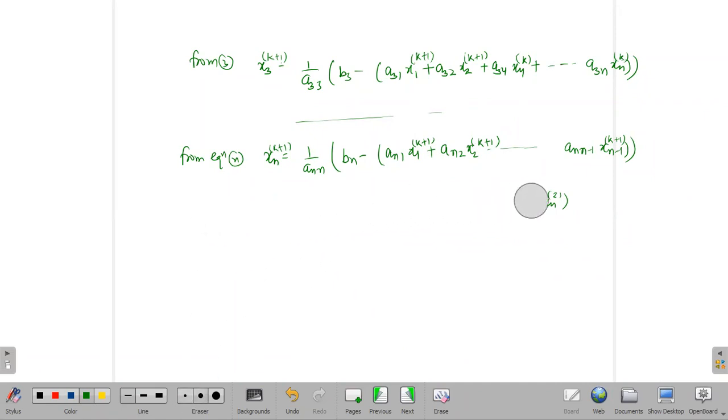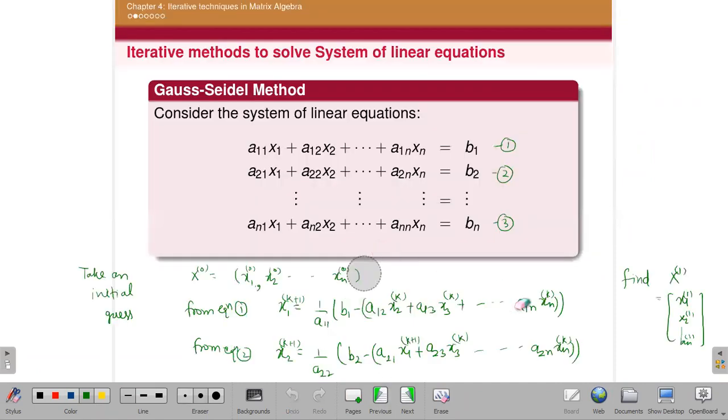So if I write in general, it will be in the summation form: 1 by a11 into b1 minus, can you write this in the summation form, j equal to 2 to n a1j xj k.